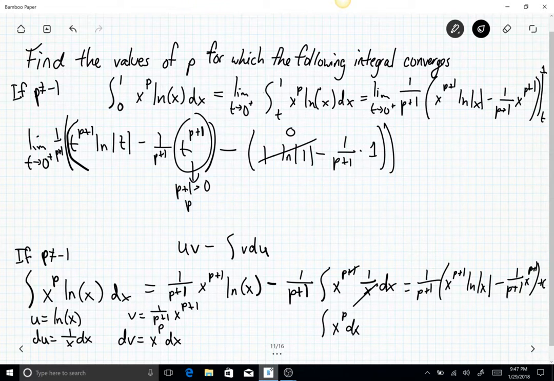Okay, so that means p has to be greater than negative 1. But that doesn't tell us about this just yet. So on this part, we need p to be hopefully greater than negative 1. Let's check. If p is greater than negative 1, notice we can rewrite this as natural log of the absolute value of t over 1 over t to the p plus 1.